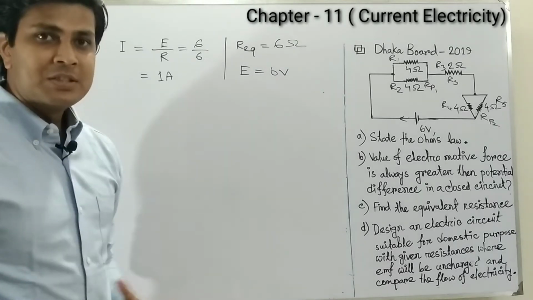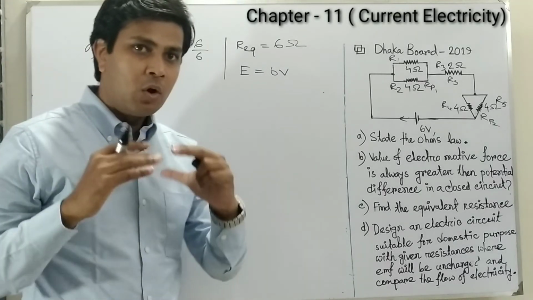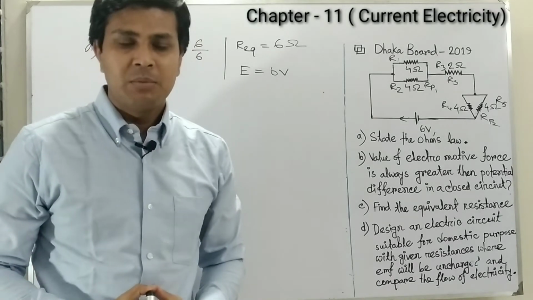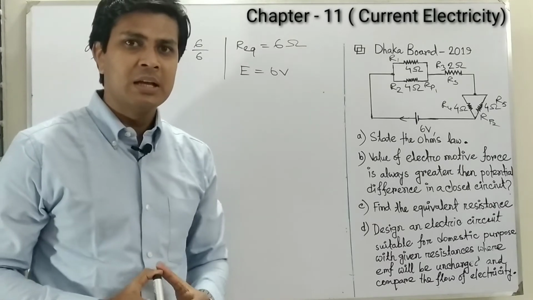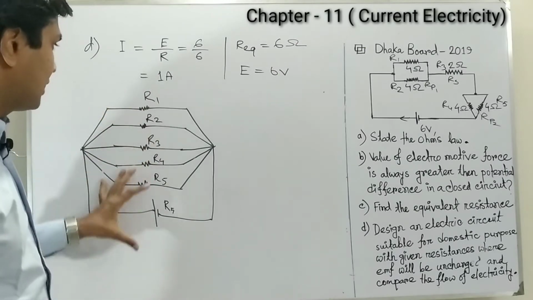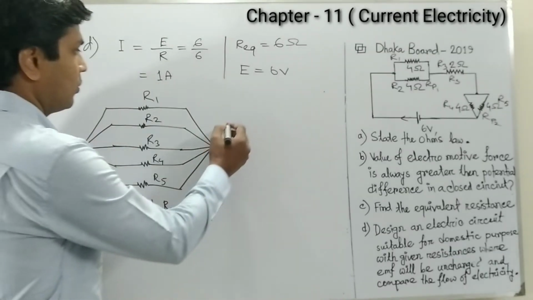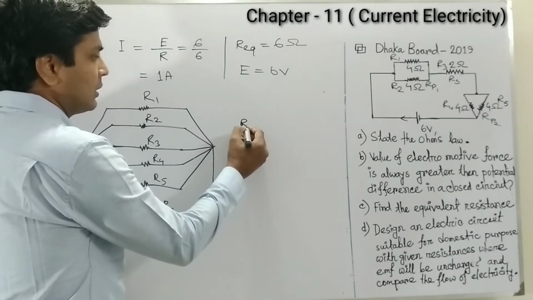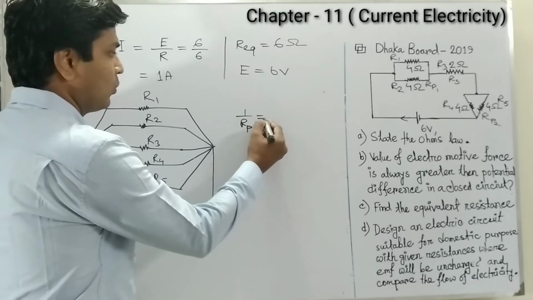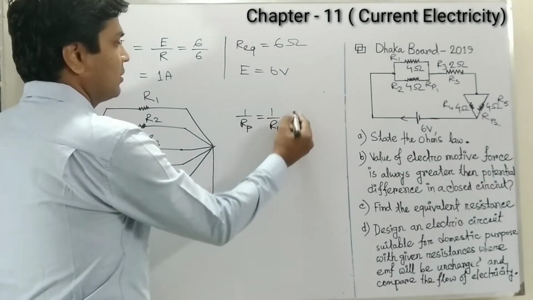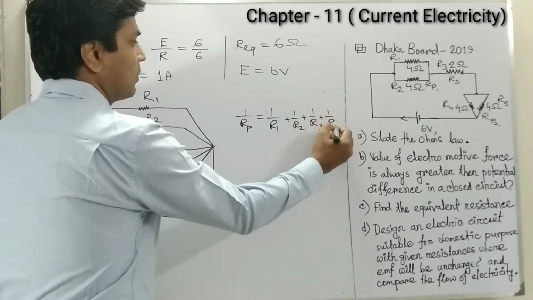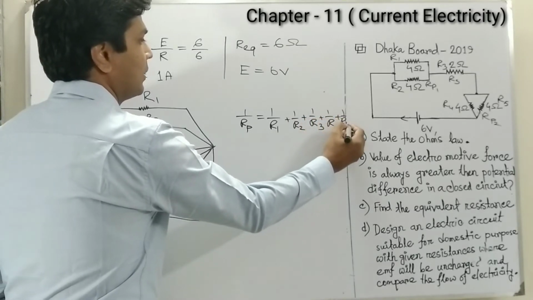And if you use that in domestic purpose, we all know that in domestic use we use the parallel circuit, because a parallel circuit is more beneficial. To calculate the equivalent resistance of the parallel circuit, 1 by Rp equals 1 by R1 plus 1 by R2 plus 1 by R3 plus 1 by R4 plus 1 by R5.